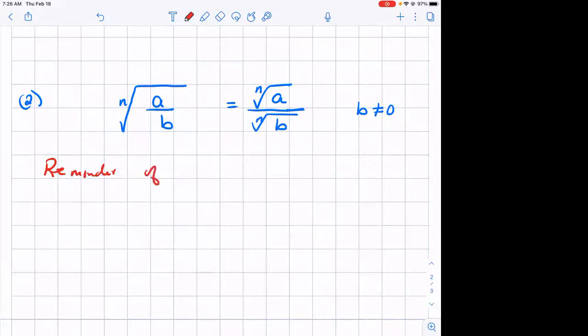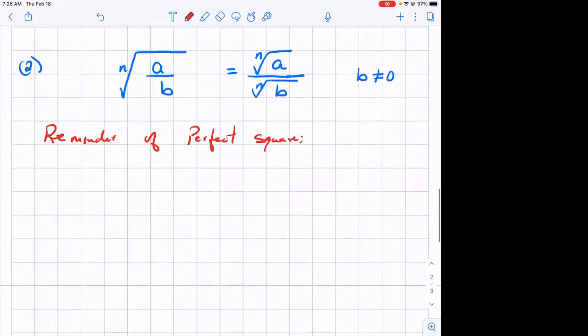of perfect squares. So perfect squares will be 0. Why? Because 0 times 0 is equal to 0. 1. Why?